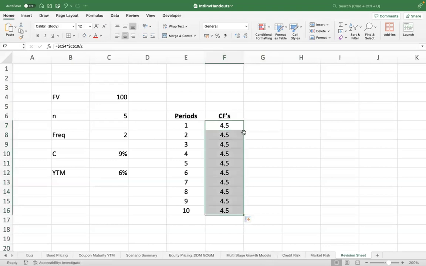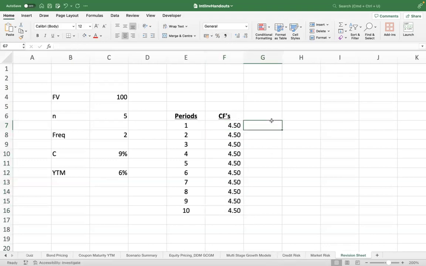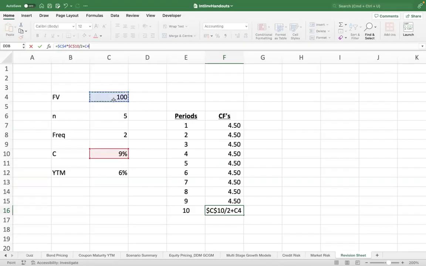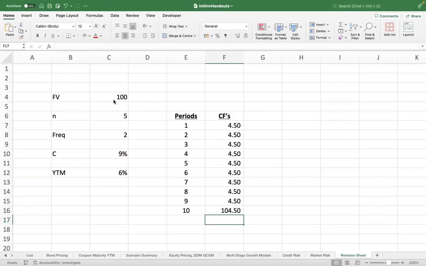And in the last period, you will also get your maturity value back, which means you're going to get back the $100 of face value. Okay? And then we will discount these cash flows.